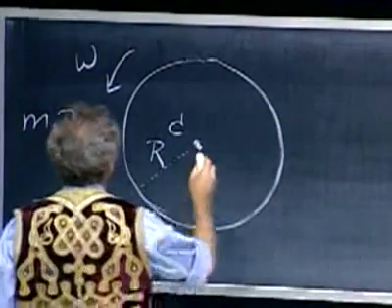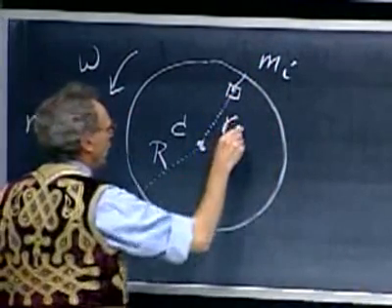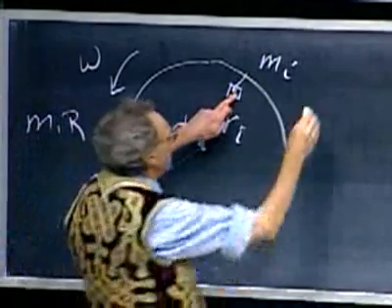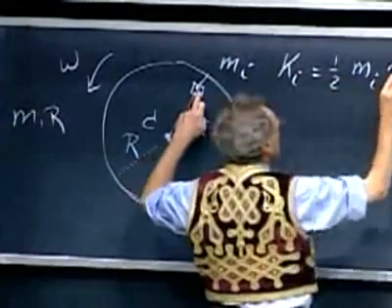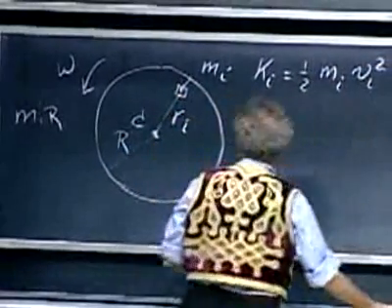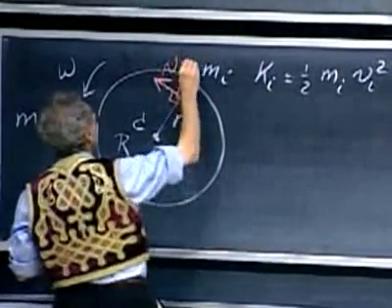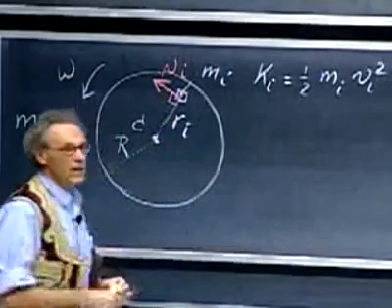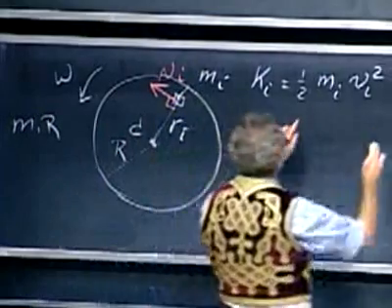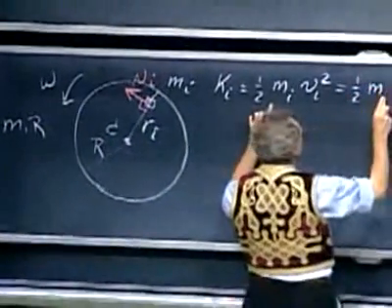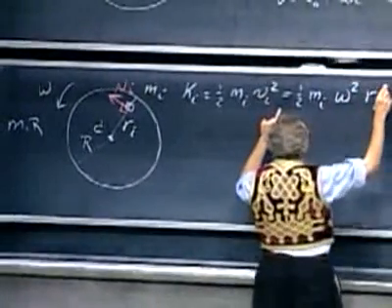I take a little mass element, m of i, at radius r of i, and the kinetic energy of that element alone equals 1/2 m of i times v of i squared, where v of i is this velocity, at 90 degrees to the radius. Now v equals omega r, that always holds for rotating objects, and so I prefer to write this as 1/2 m of i omega squared r of i squared.